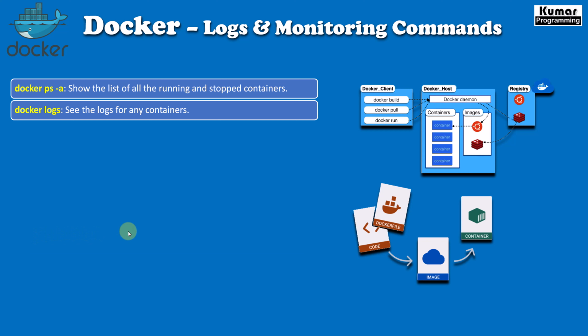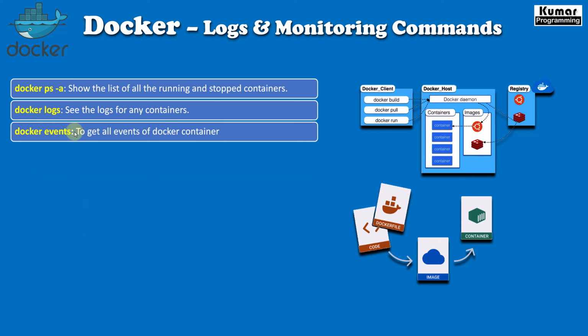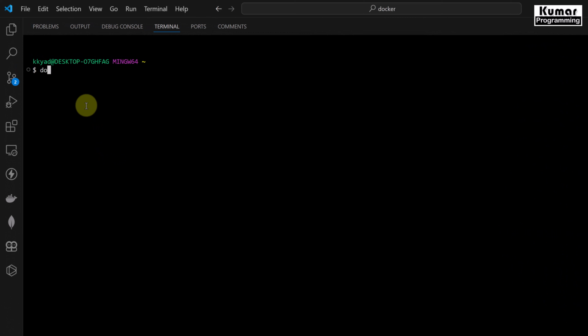The very next command is docker events. Okay, docker events is used to get the list of all the events that happen inside the docker container. Now let's see how we can do that. So here, docker events.